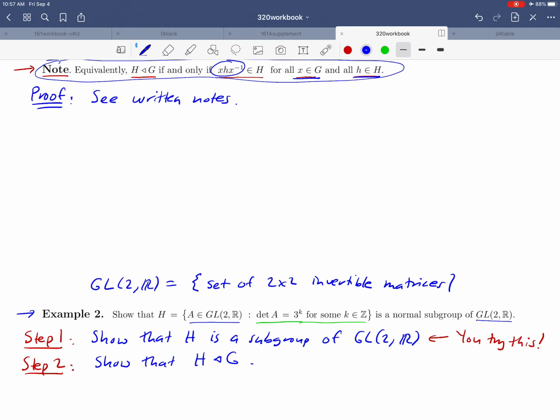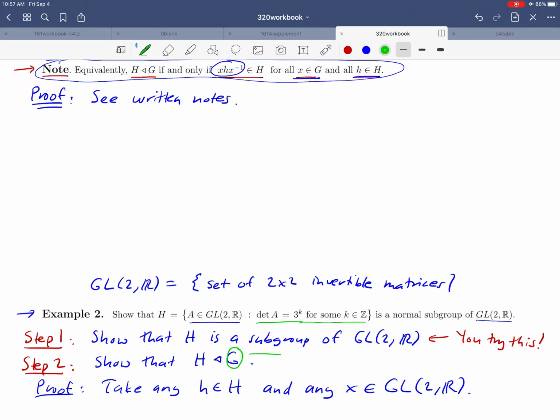So we'll start by taking any h in our subgroup and any x in G, which is GL2 of R. And actually, I see that I'm using G on you again, so let's just make a note here.